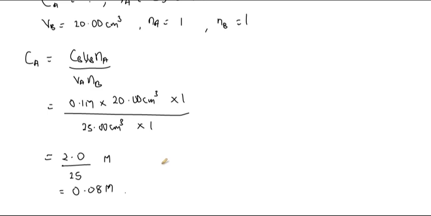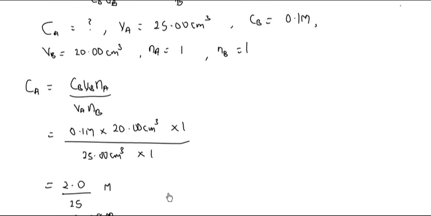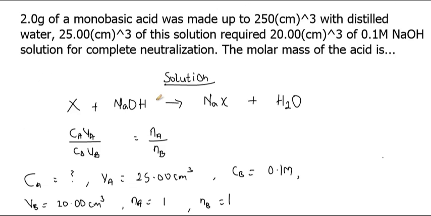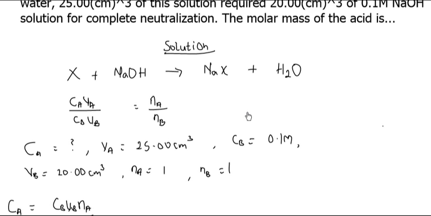So we've gotten the concentration of the acid. And that's not all. Let's go back to the question. We have to calculate the molar mass of the acid. And from what we've done here, we've just calculated the concentration of the acid in mole per dm³. So how do we go about the molar mass of the acid?